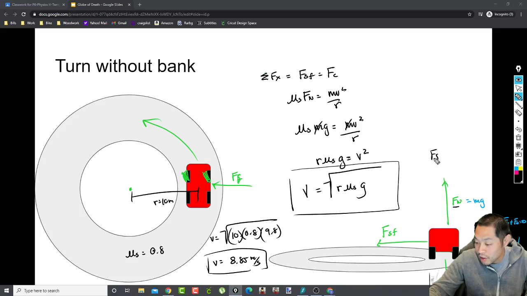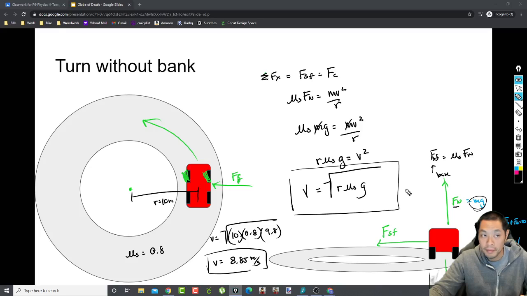Force of static friction max is mu s Fn. So this doesn't change, so you're going to have a fixed number. If you go bigger than this, you're going to lose control. But if you're under this, you always have enough friction to make that turn.